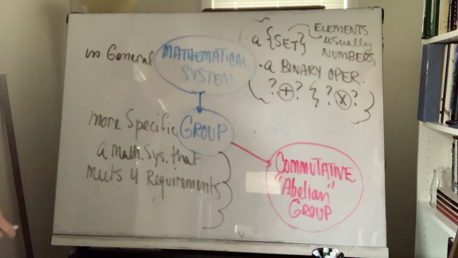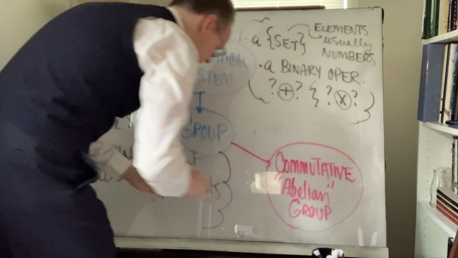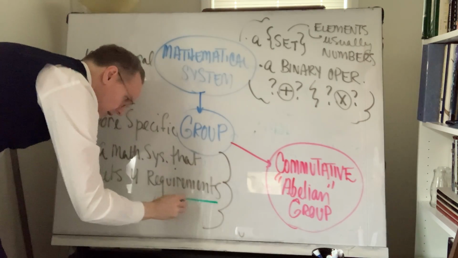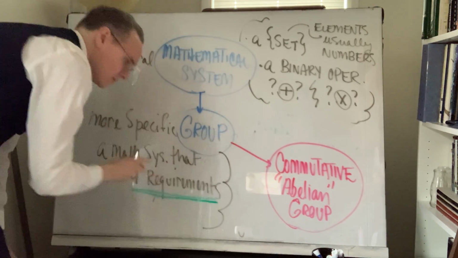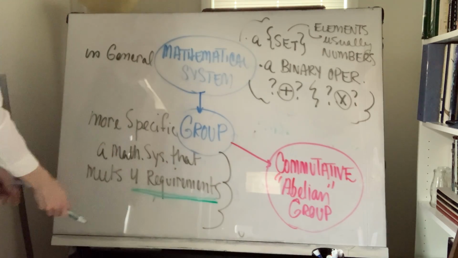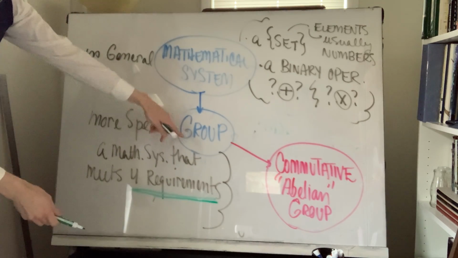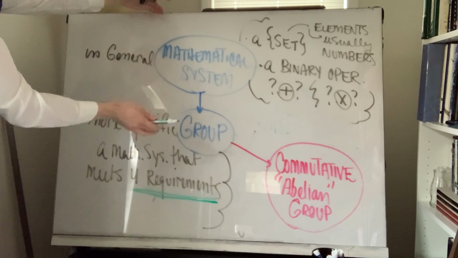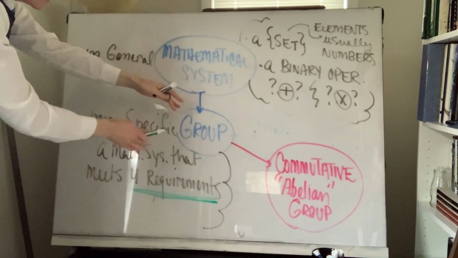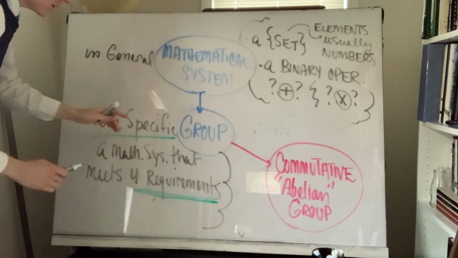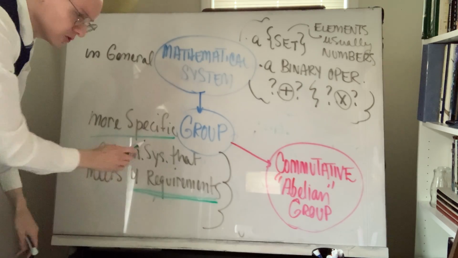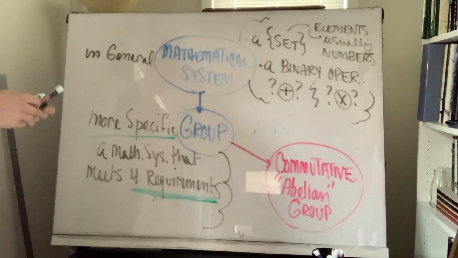Four requirements. We need to basically take the time when we get there to discuss what these 4 requirements are. But for right now, just realize that in order to qualify as a group and not simply some mathematical system in general, if you want to be a little bit more specific, you have to follow a stricter criteria. So there'll be 4 requirements.